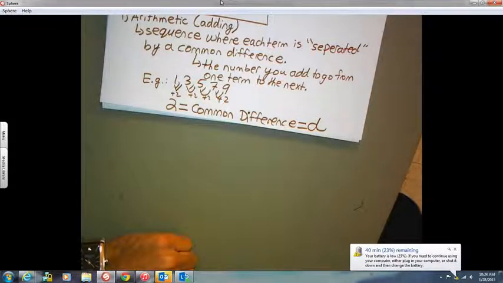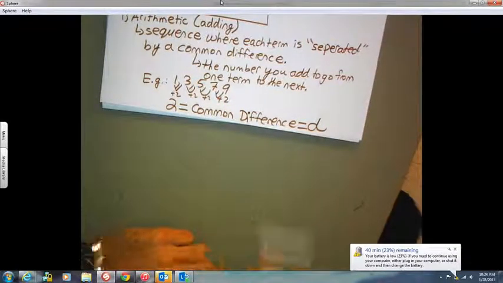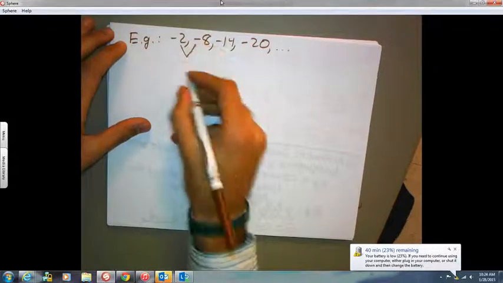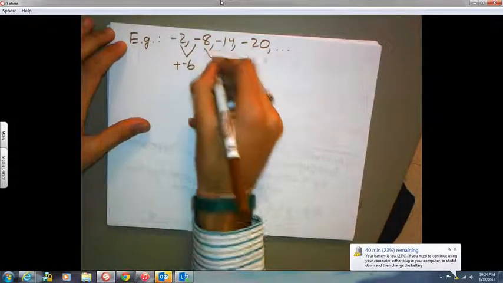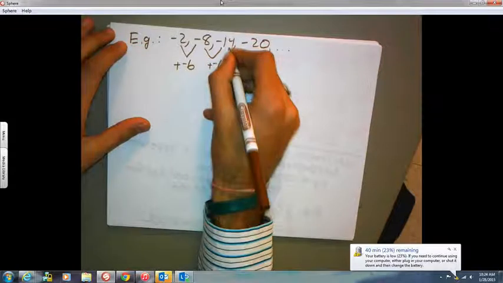So another example for arithmetic would be this, etc. Here, every time I am adding -6. Has to be adding. Always think about adding. Do not say I'm subtracting 6, though they are in reality the same thing.